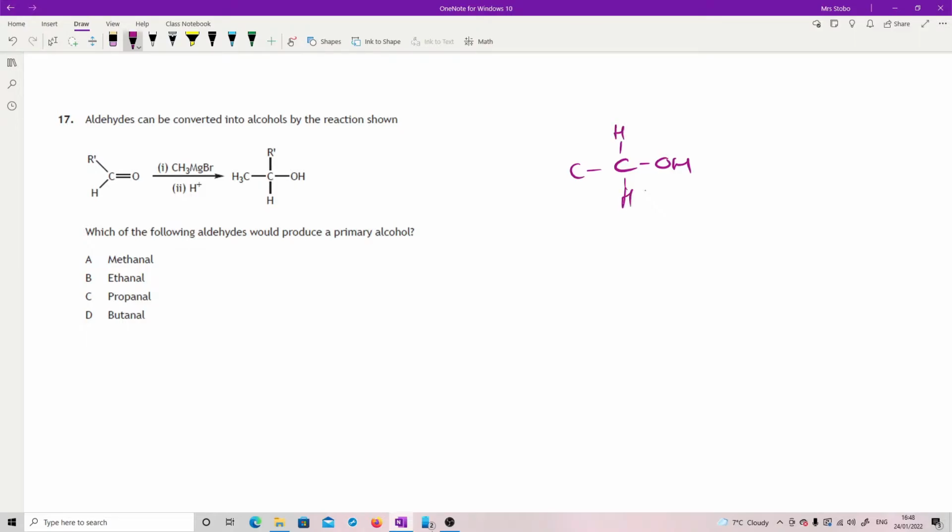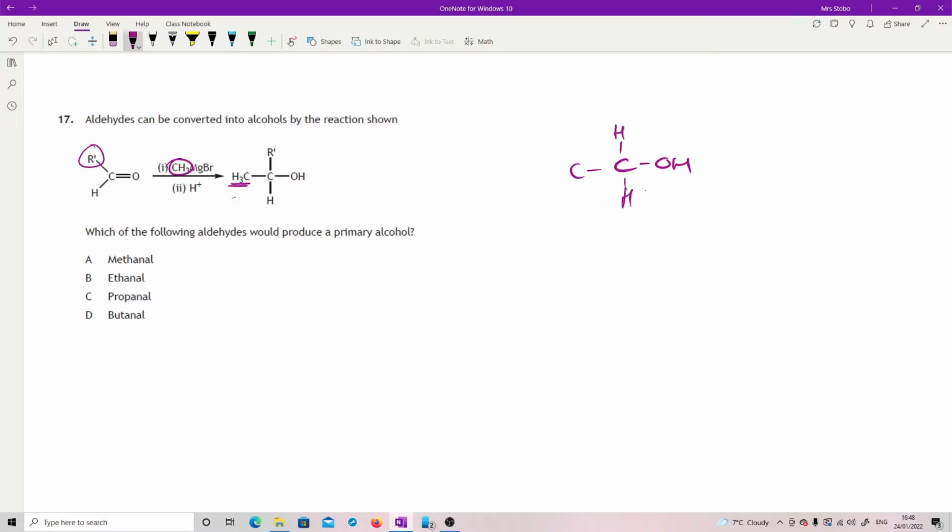Okay. So you've got a process here which is adding a CH3 group from here onto an aldehyde. The R group that they've got up the top here on the original aldehyde remains, but we've got an additional CH3.